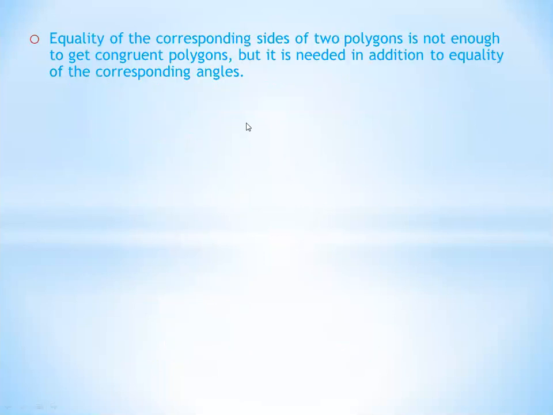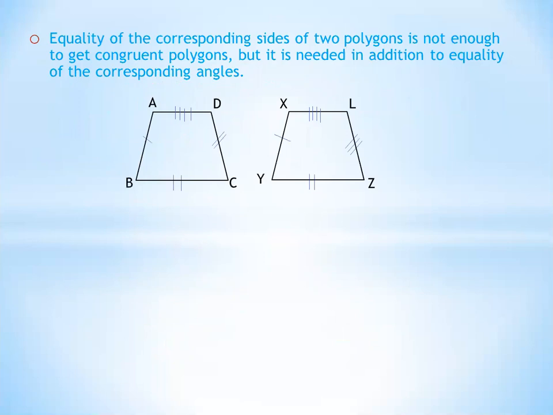Another point: equality of the corresponding sides of two polygons is not enough to get congruent polygons, but it is needed in addition to equality of the corresponding angles. What does this mean? If I have two polygons and their sides are equal, does that mean that they are congruent?